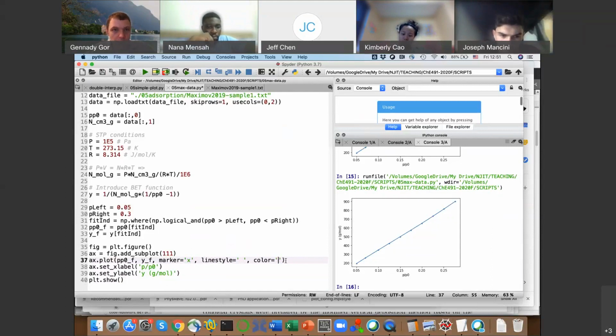Okay. So I like it a little bit more that way. So this is the data from our experimental adsorption isotherm for the pressure in this range, which we will further use to get the BET surface area.